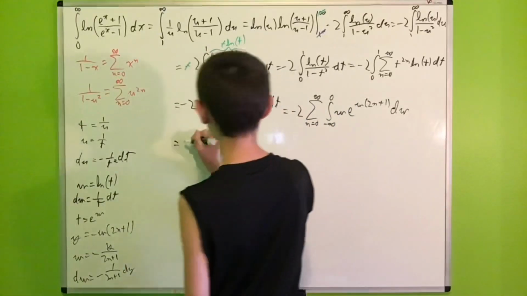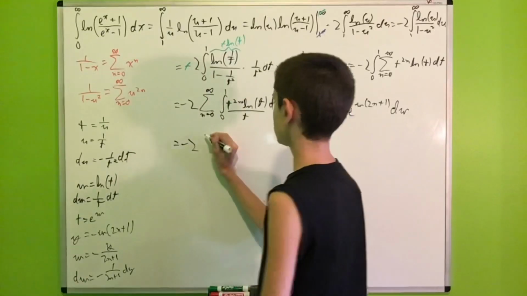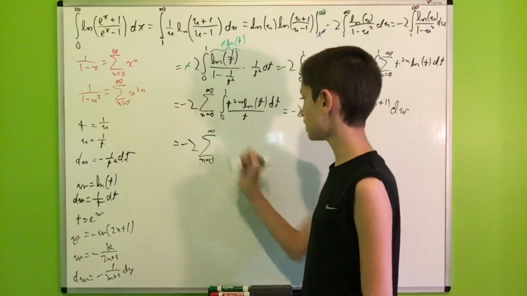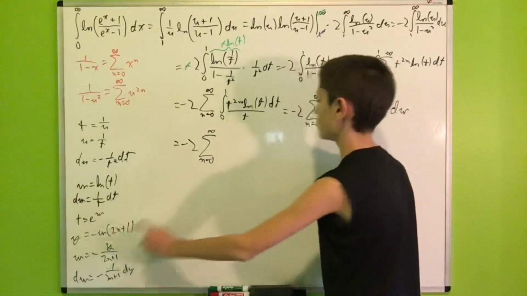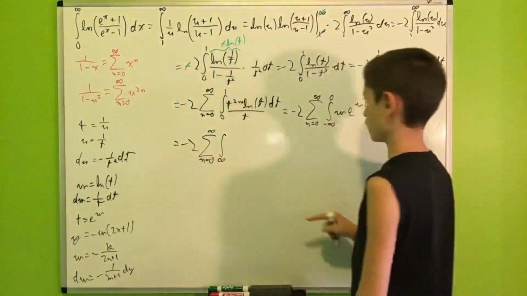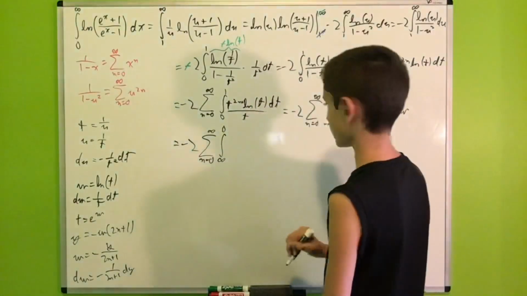So we get negative 2 right there times the sum n goes from 0 to infinity of, okay, so we get negative infinity, which is infinity, so the lower bound is infinity, and the upper bound is just 0 because natural log of 1 is 0.